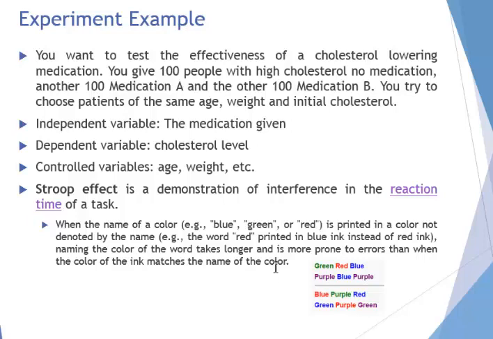If you look at this example over here, right where my cursor is, the top, if you pause it and do it yourself, I think it's fairly apparent that it's a lot easier for me to read green, red, blue, purple, because the words are the same as the color, whereas over here, reading blue, purple, red, green, purple, green, I can do it if I think about it for a second or two, but it's much less intuitive, because when I see this, I see a red color, and establishing that in my mind as blue doesn't take very long.